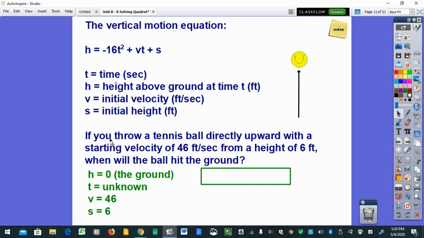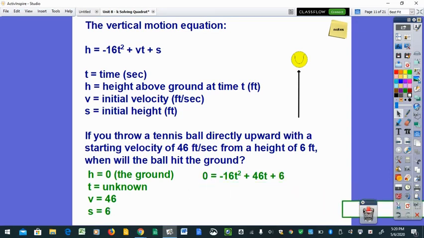The time is the question. When? So that's the unknown. It's going to stay a T. The V, we already talked about being 46, and the S, the start height, is 6. We substitute those values in, and now we're going to use our new understanding to solve this quadratic. And when we solve it, the T will tell us when the ball hit the ground.